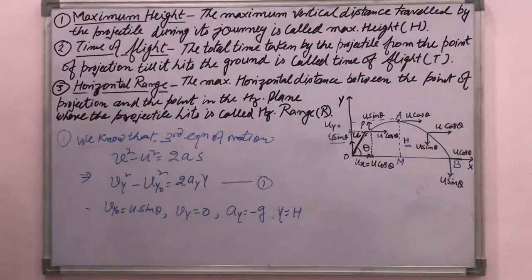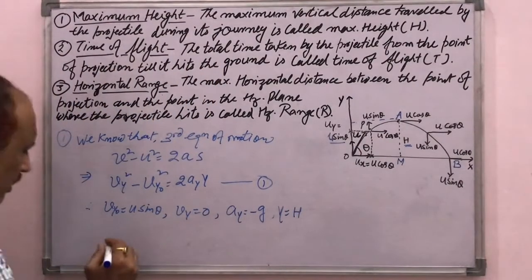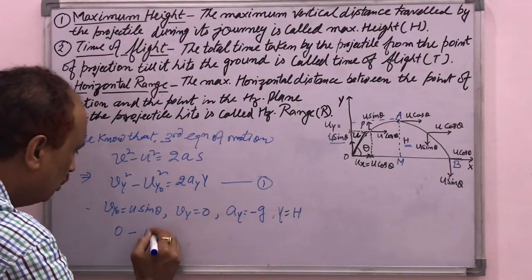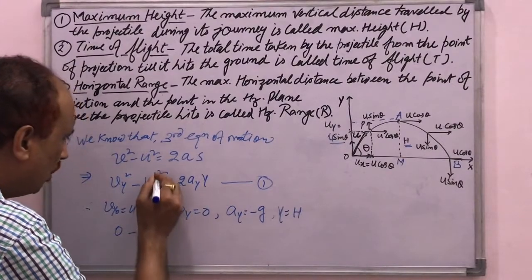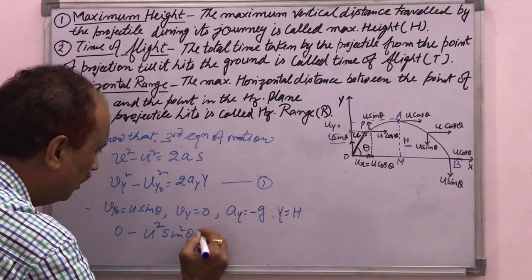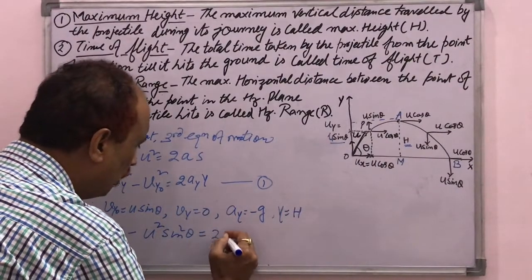Now put this value in equation number 1, and we will get 0 square, that is 0, minus u sine theta whole square, that is u square sine square theta, equal to 2ay.